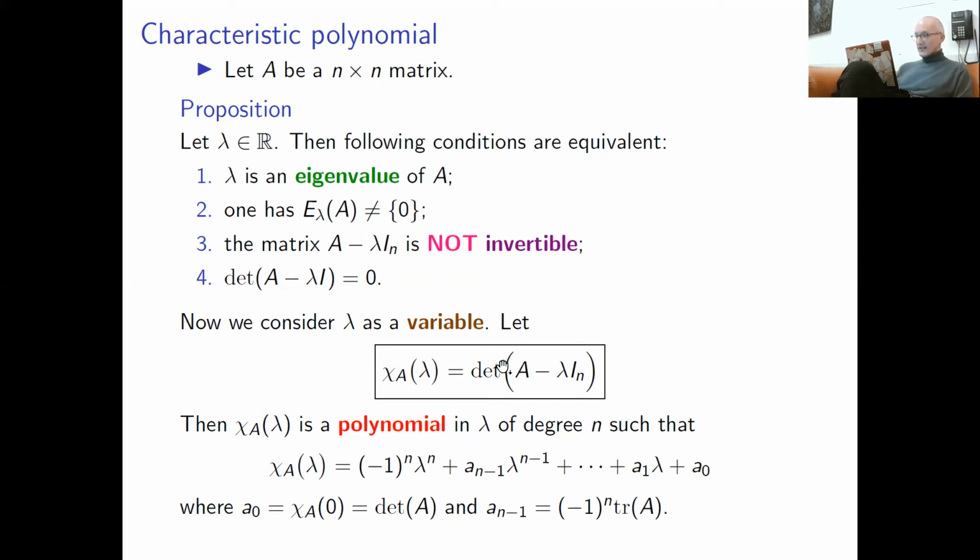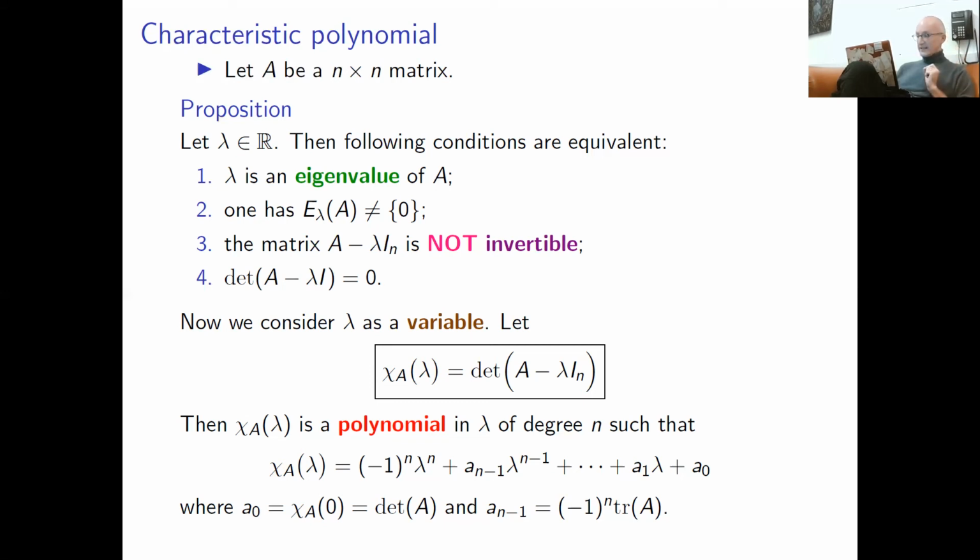You just take this determinant and substitute lambda equal to 0, and you get the determinant of A. So a_0 is just the determinant of A. Much more tricky to see that the second term, a_{n-1}, the coefficient in front of lambda to the power of n minus 1, is actually the trace of matrix A multiplied by -1 to the power of n. Let me recall that the trace of a square matrix is the sum of diagonal entries of this matrix.